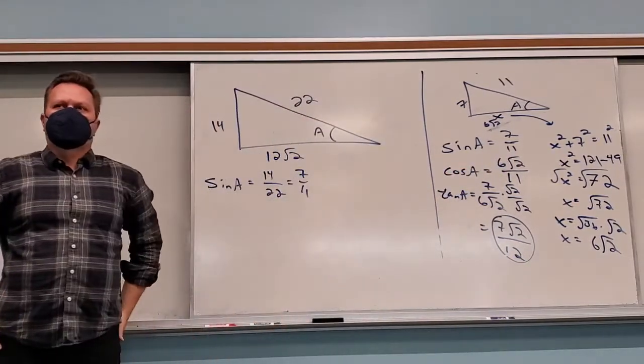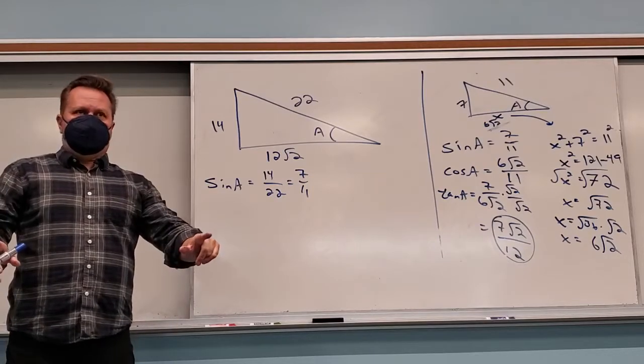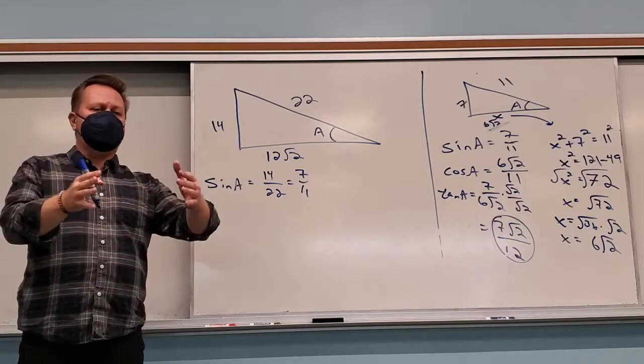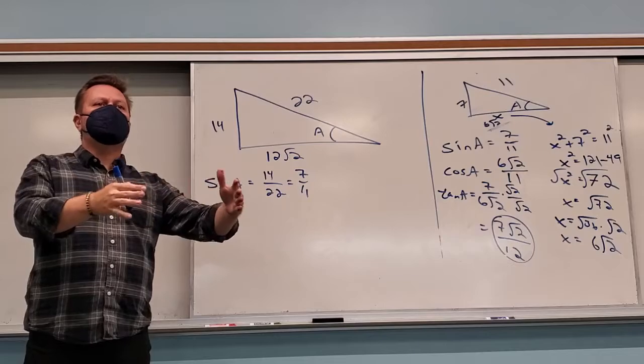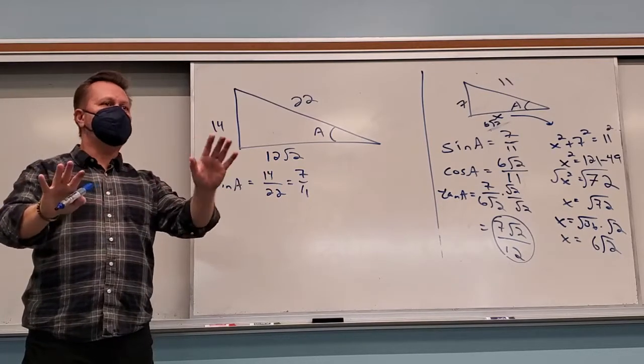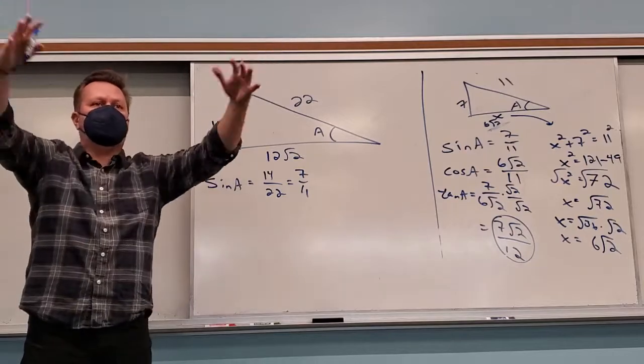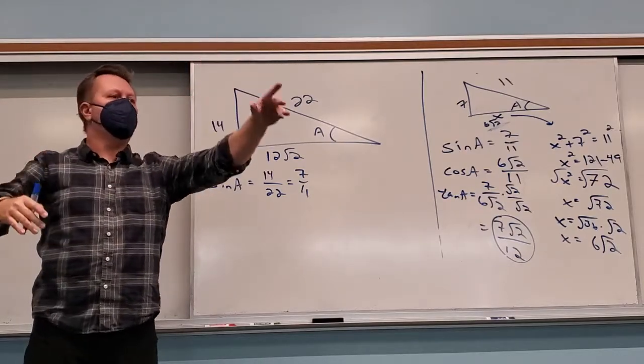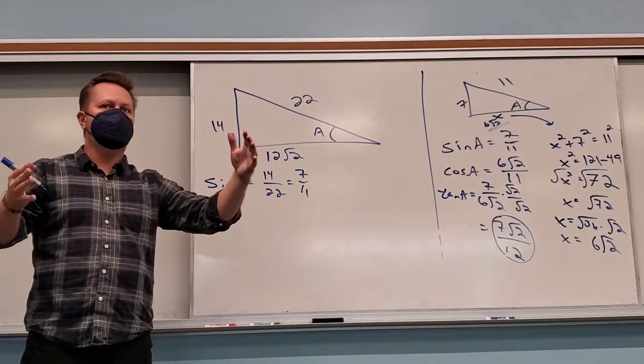What that means is that the sine of an angle equals a number, period. It always equals the same number, because no matter how big or small my triangle is, they'll always reduce to be the same thing.